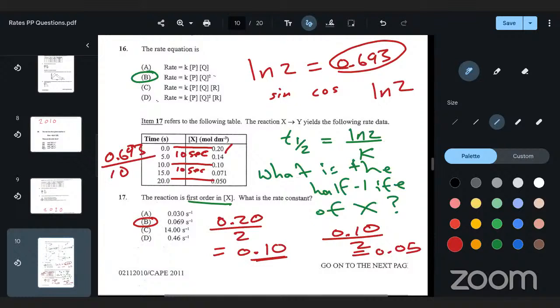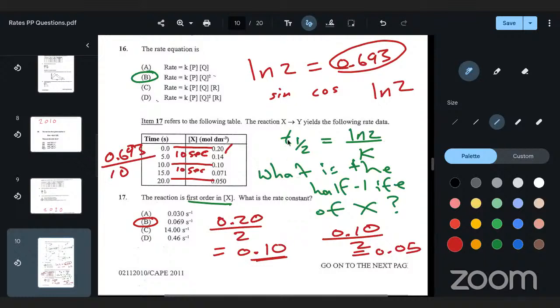So good job. Sir, can you explain the k, please? The k. Yeah, the constant. All right. So we're calculating k, right? In the table, all you got was time and concentration.